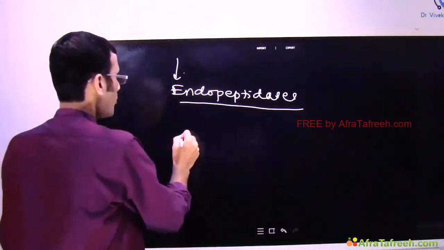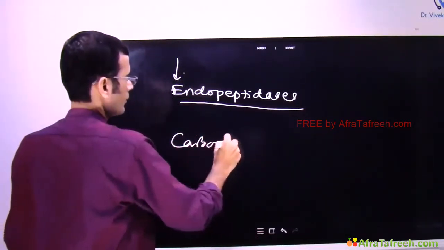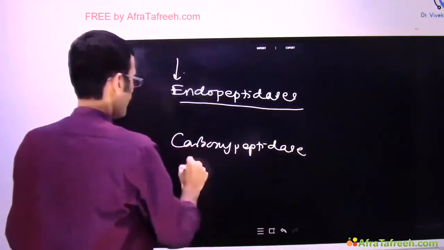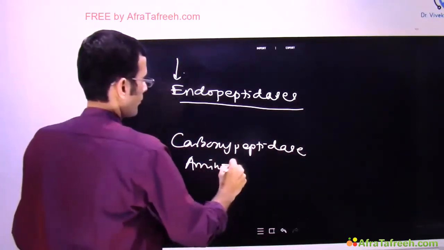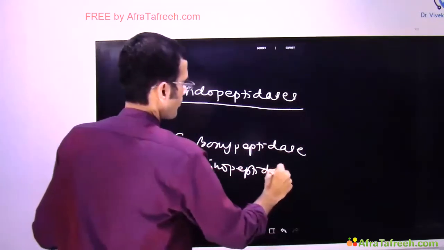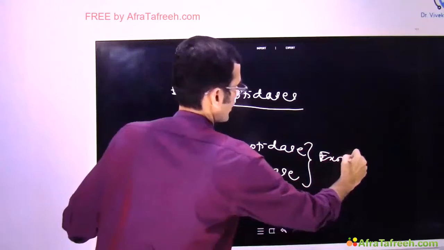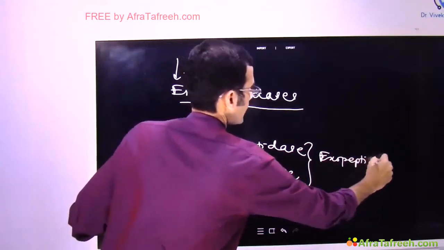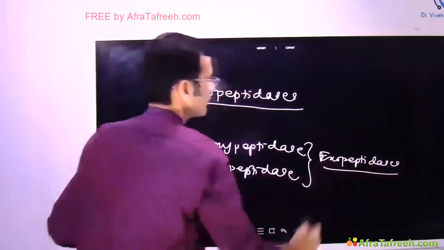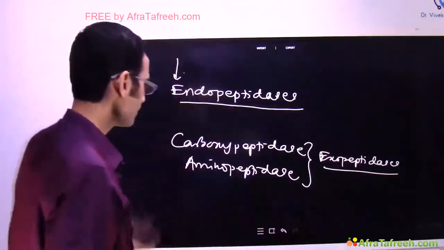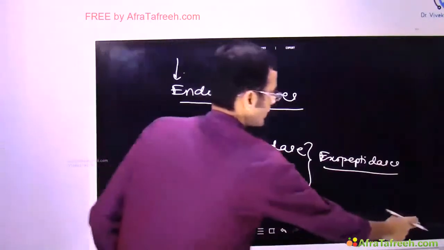Whereas carboxypeptidase and aminopeptidase are called exopeptidases, which break the external bonds of the protein.